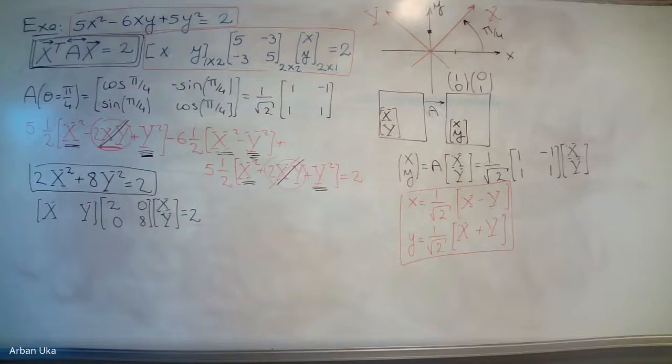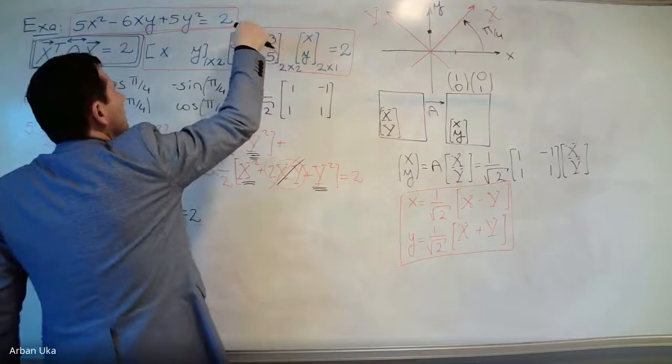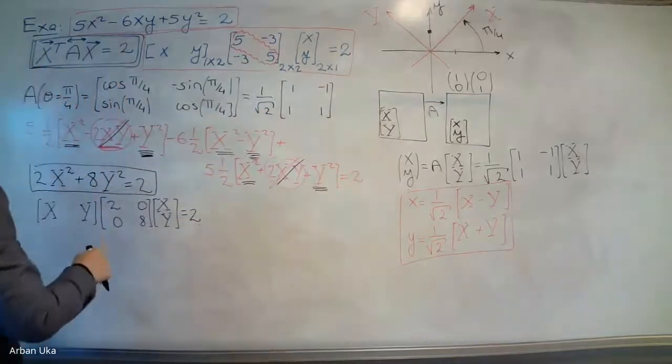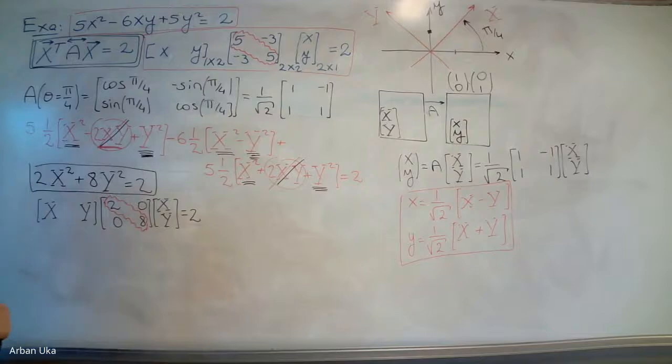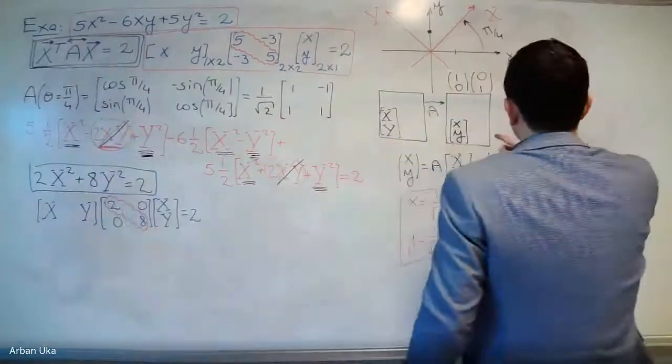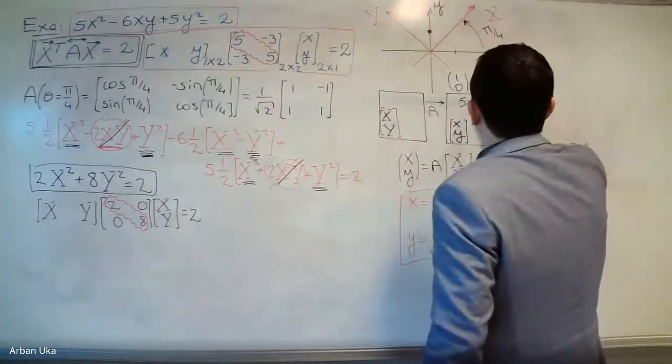Okay? Now, what we see here is that the matrix representation, here we have the matrix which is (5, -3; -3, 5), and this matrix representation is changed slightly. So in the standard basis, we could write this one as (5, -3; -3, 5).